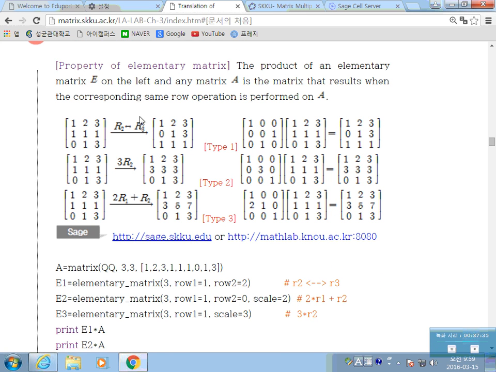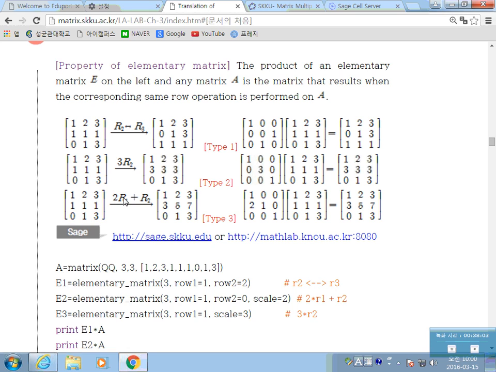And properties. When you exchange the second row and third row, you just multiply this matrix on the left. You change the second and third rows of the given matrix. Multiplying 3 on the second row means you just multiply this elementary matrix on the left.